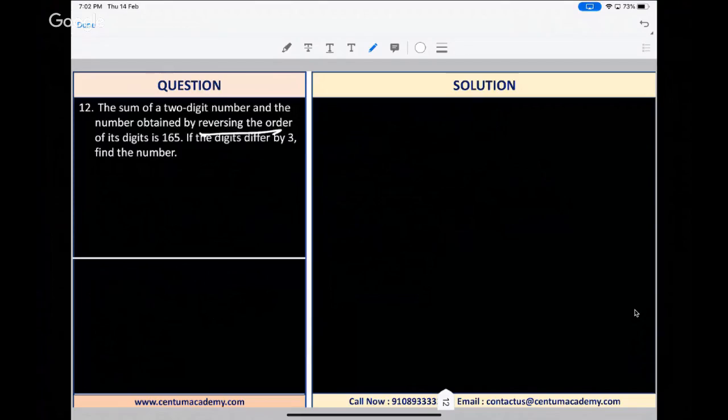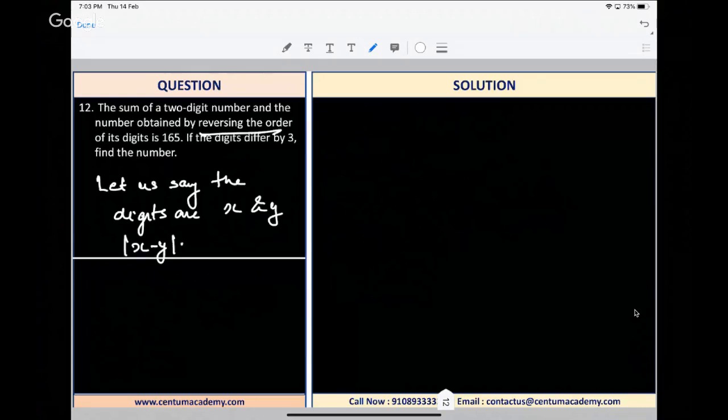So let us say the digits are x and y. If the digits differ by 3, so let us say mod of x minus y will be equal to 3.